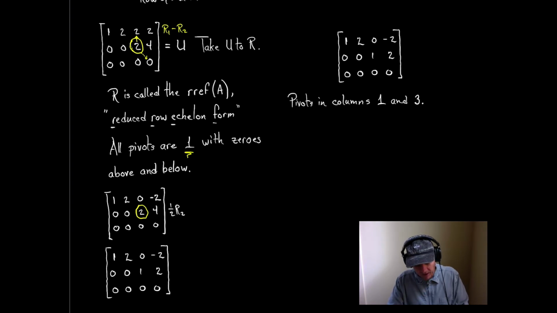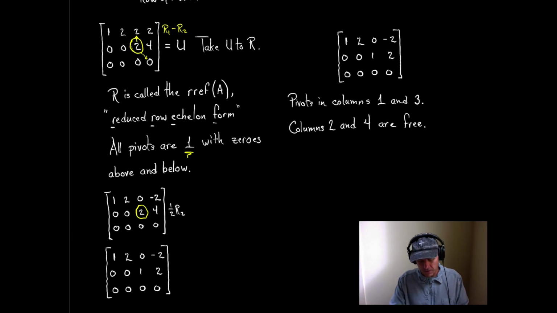So what we would say is columns 2 and 4 are free. And we're going to show you how that works, how it applies. Columns 2 and 4 are free.